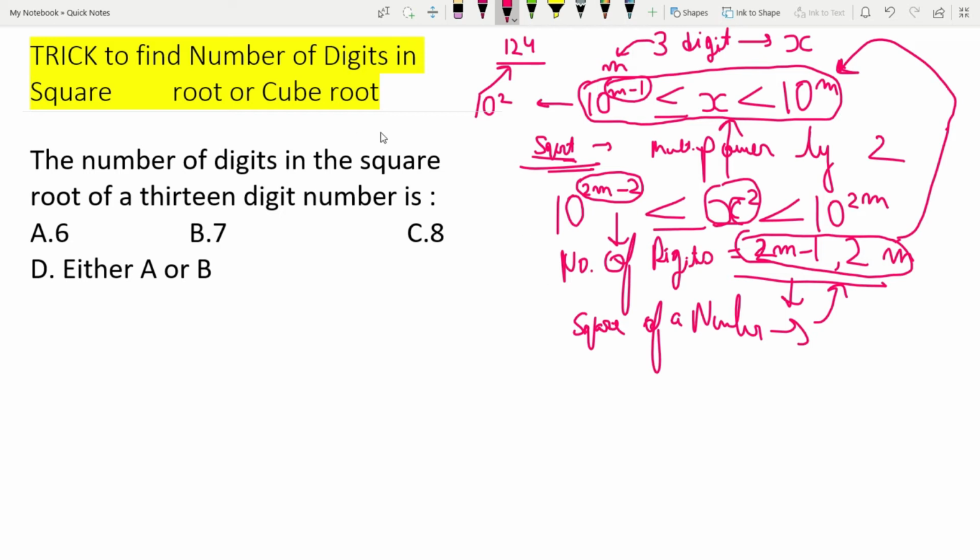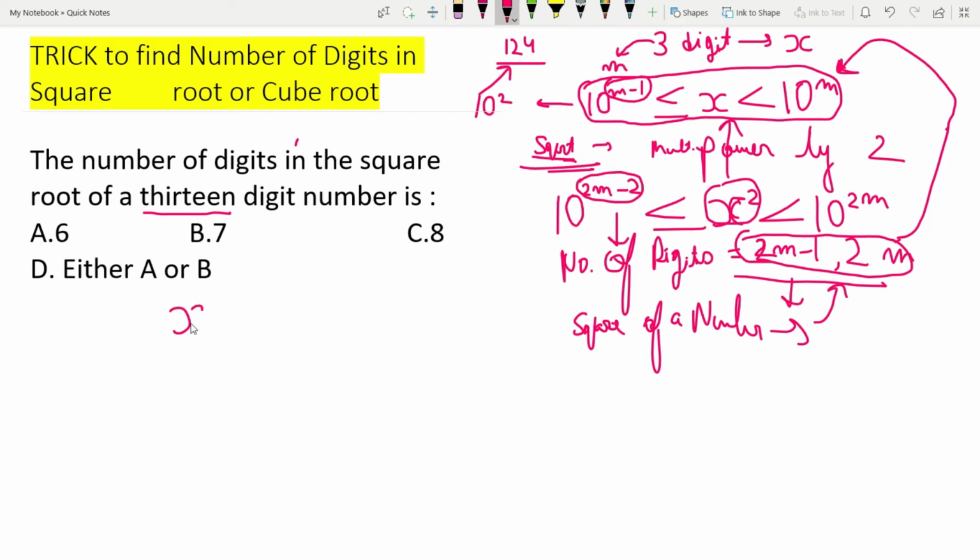The question says: the number of digits in the square root of a 13 digit number. So we need to find the number of digits in the square root of a 13 digit number. The original number is x square, which is the square we are talking about.